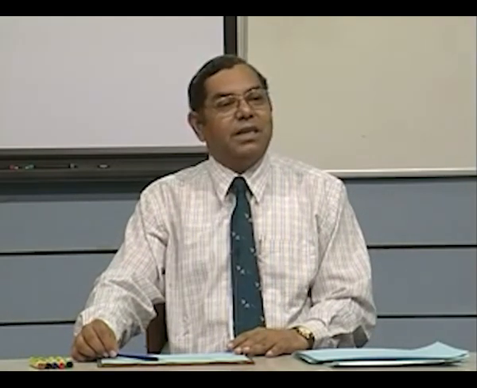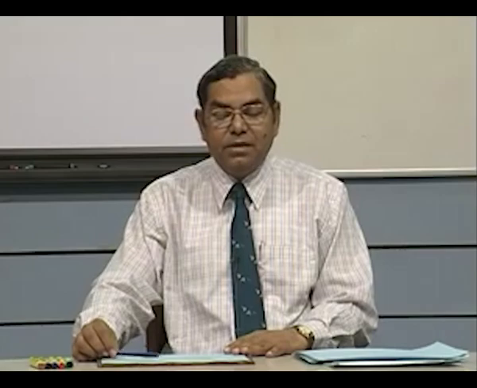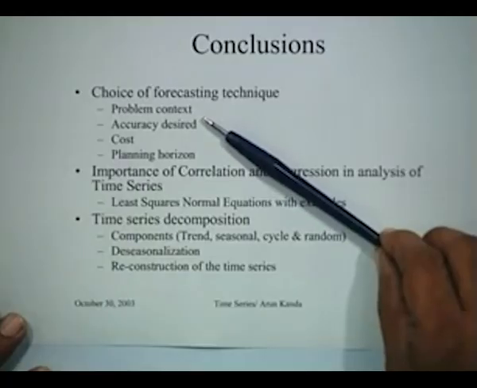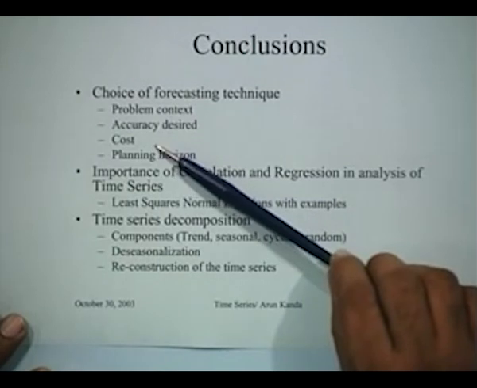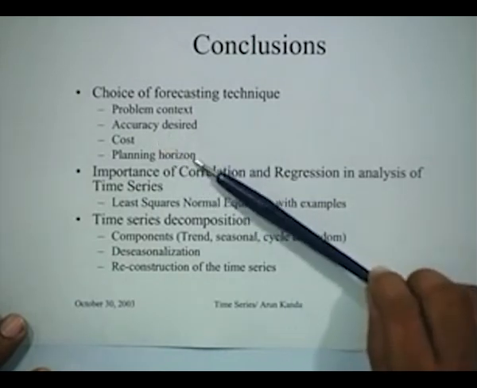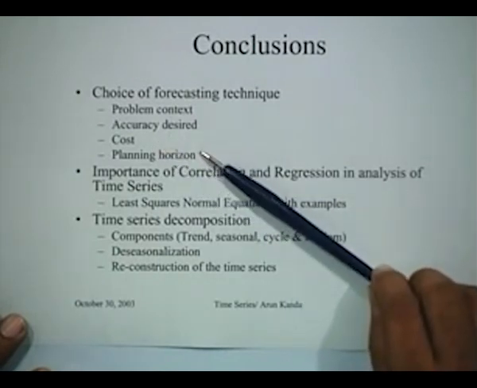So the question that is paramount is, how do you choose the right forecasting technique? The right forecasting technique is dependent to a large extent on the problem context, on the accuracy you desire, on the cost that you are willing to incur, and on the planning horizon which exists for you.